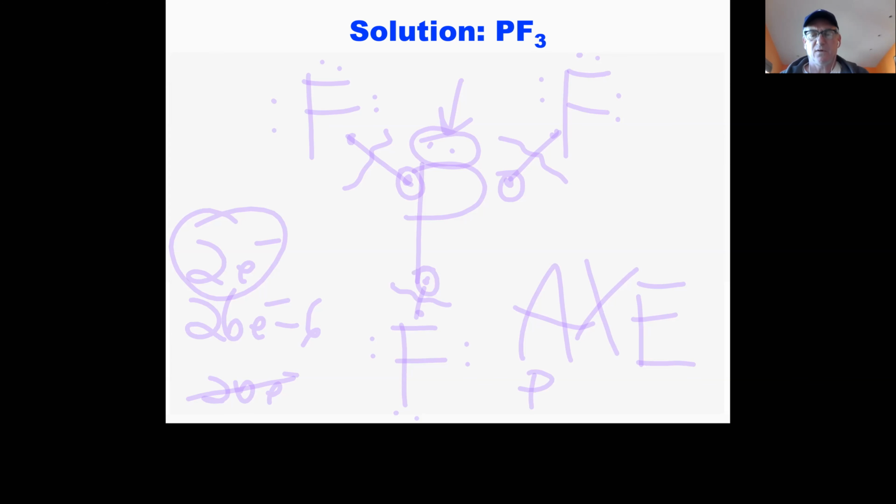How many? 3. And then how many lone pairs? 1. So which geometric group does this go into when I have X3E1? 4. And that is which one? Do you remember?